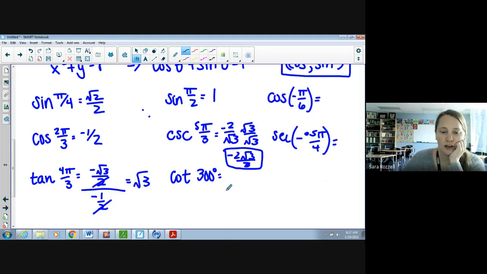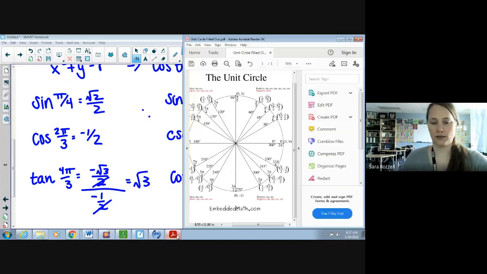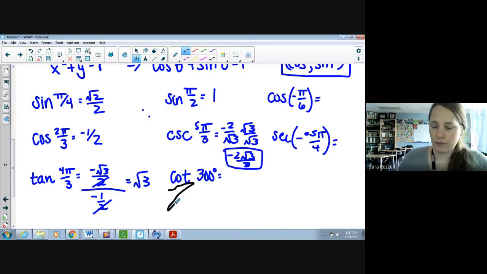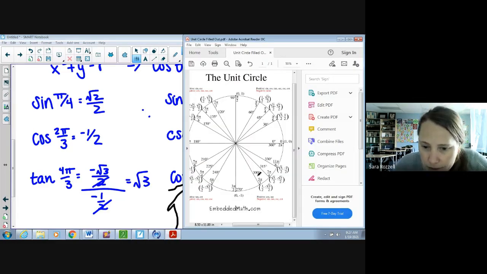Cotangent of 300, cotangent of 300. So cotangent is x over y. Let's see what our x and y are on 300 degrees. Is it square root of 3 over 3? Let me see. Oh no, I pushed the wrong button. So 300 is going to be x over y, so 1 over negative root 3.